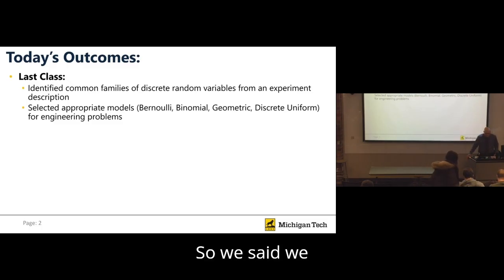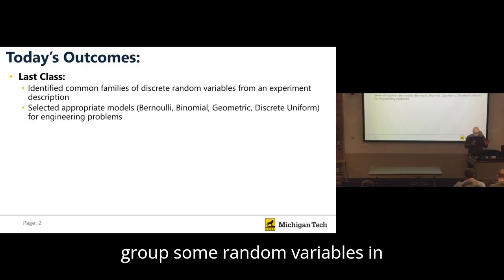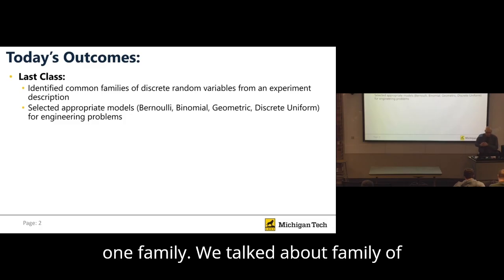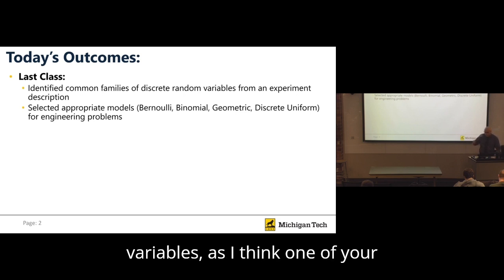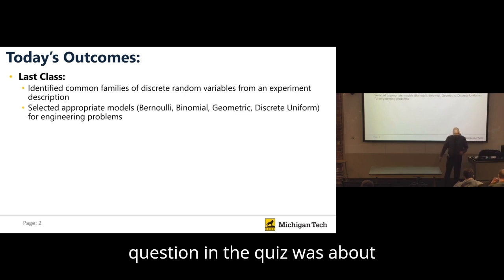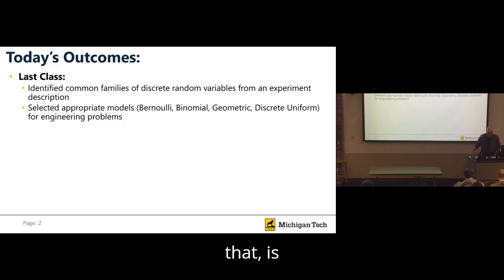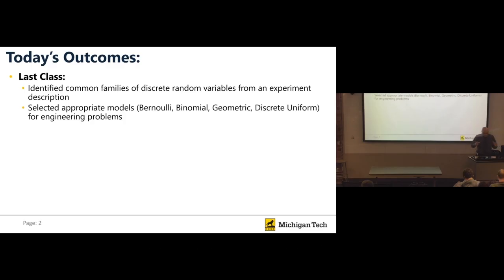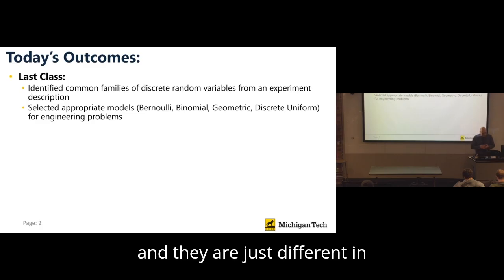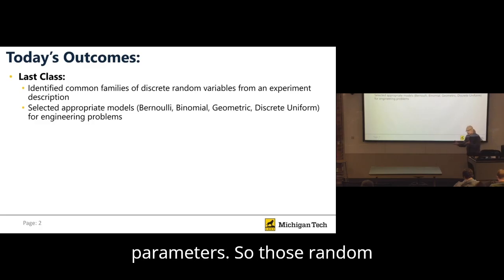We said we can group some random variables in one family. Family of random variables, as one of your questions in the quiz was about, have the same probability mass function, and they are just different in parameters.